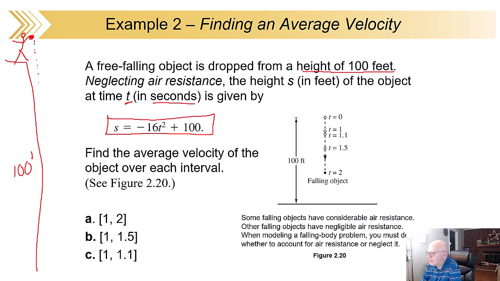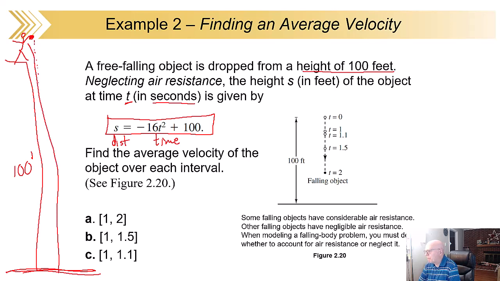S represents the distance, and t represents the elapsed time. How long is it since you let go of the stone? And 100 over here represents how high you were from the ground down here. How far is it from where you dropped it all the way down till it hits at the bottom?